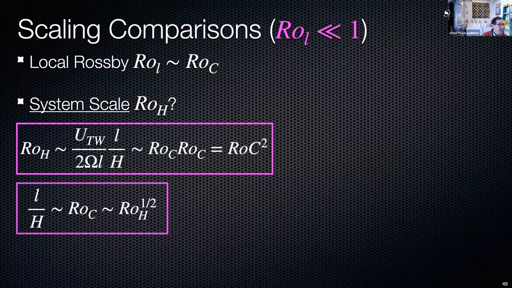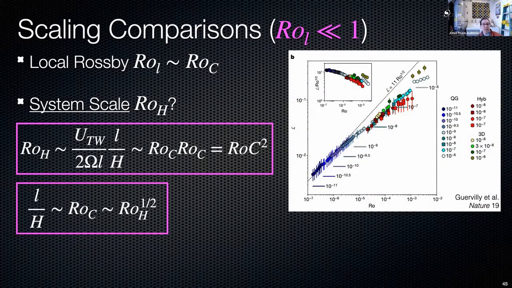That naturally comes out, and that's been shown very nicely in a recent paper by Céline Guervilly. They go to very low Ekman number in 3D and then 2D simulations, and they do indeed find a Rossby to the 1/2 scaling for the large scale Rossby number when measuring their L values, L over H.